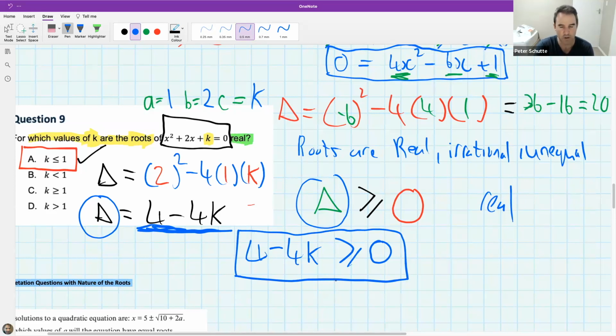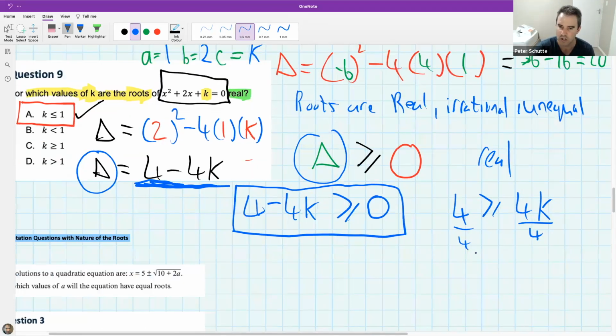That's what I was doing in those two different ways. Does that make a little more sense? The way I did it initially was I moved the 4k to the other side, and then I divided by 4, and I got 1 is greater than or equal to k.